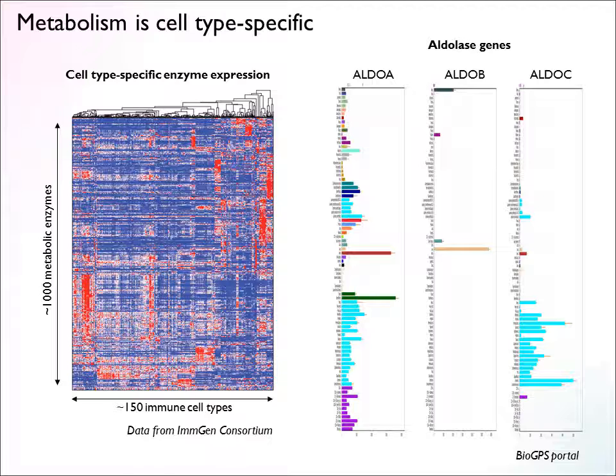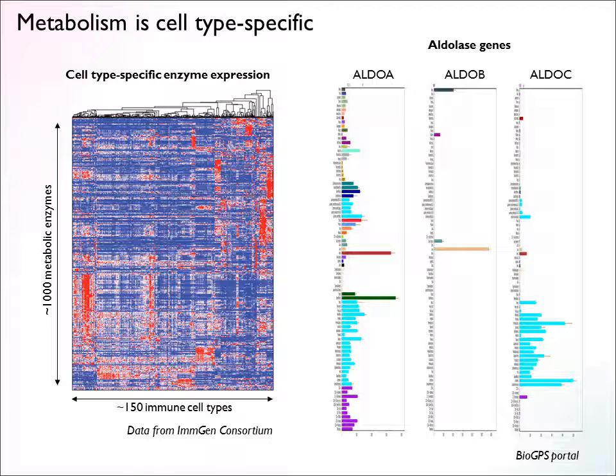This is, of course, a particular branch of cell development and only a particular type of tissue. But already within immune cell types, which is a smaller collection, you still see a lot of functional specialization. You see these blocks of high red expression in particular types or clades of immune cells. You have particular enzyme systems being expressed. So this suggests that there is definitely some kind of coordinated function of this.